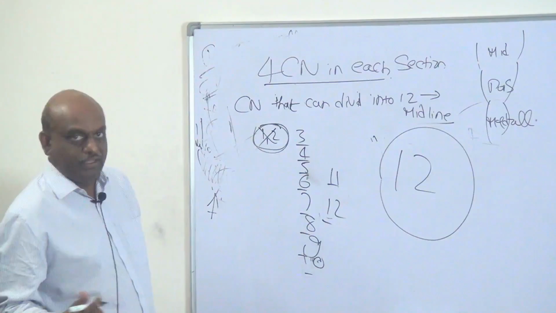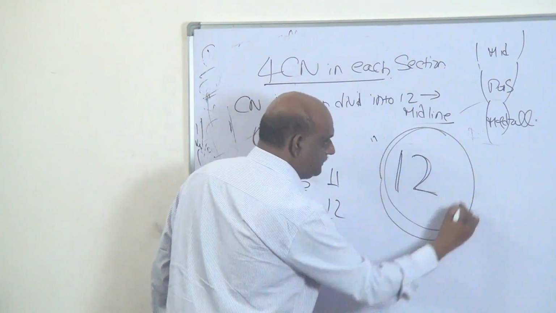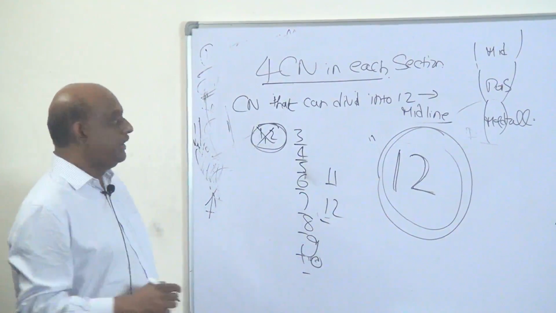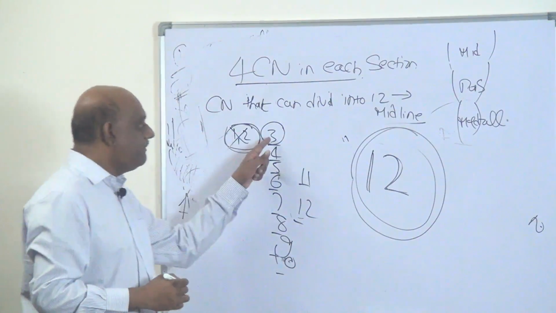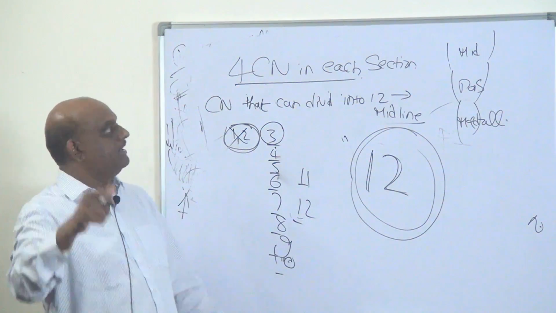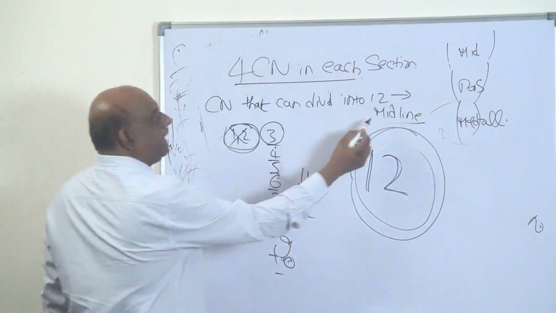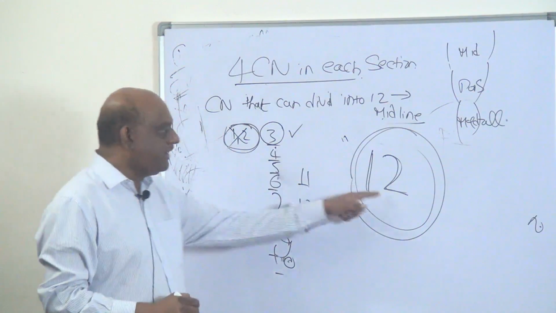Now, the big number that you need to remember is 12. Is the number 3 capable of dividing 12? Yes. That is the reason it is midline. Number 4, can it divide 12?